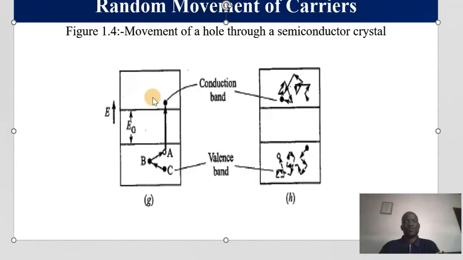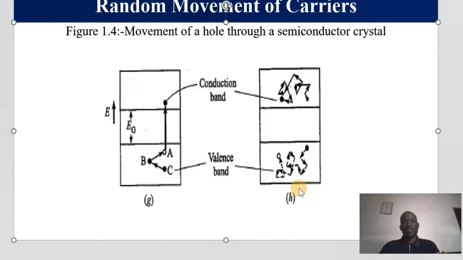Right, so the two most important bands are the valence band and the conduction band. The other bands for the inner shells are not very important. So this is what we call the random or the zigzag or haphazard movement. For example, the electron was moving in the valence band from hole to hole.